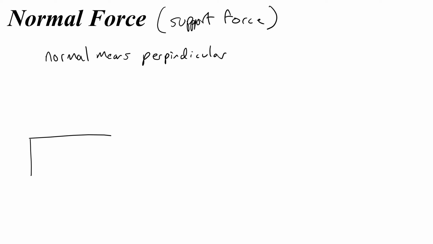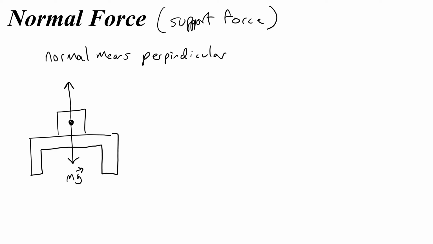If you have a table and say a box on top of that table, that box is going to have some weight force down, and it will also have support from the table holding it up. So we draw that force going up, and we call it the normal force. Now, there are different things that we can use.